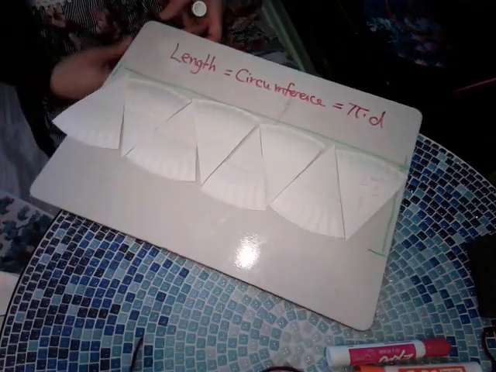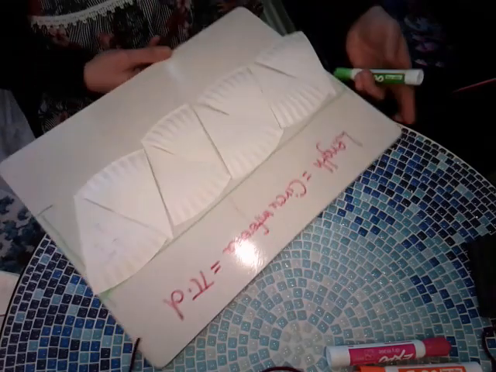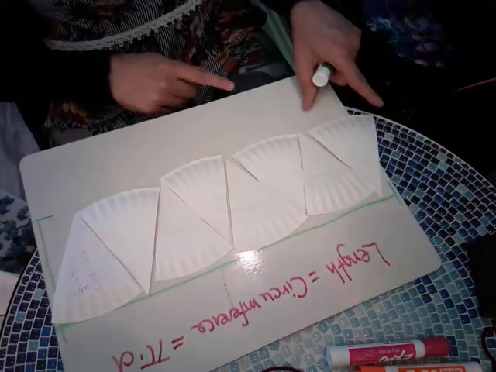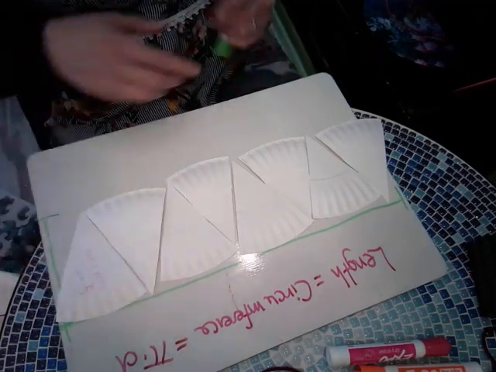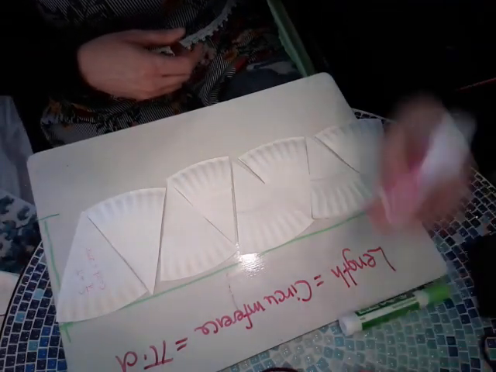Now let me turn this around. What is the length? Well, if I went around all of the edges, that was pi times d, or the circumference. But this I cut in half.